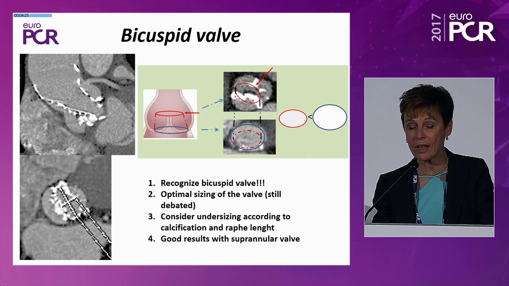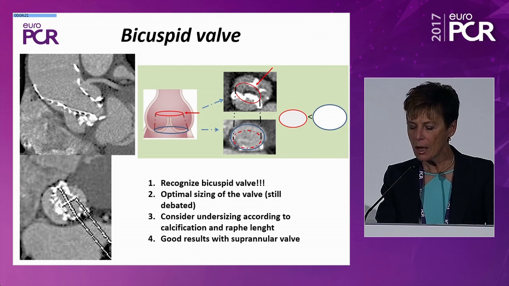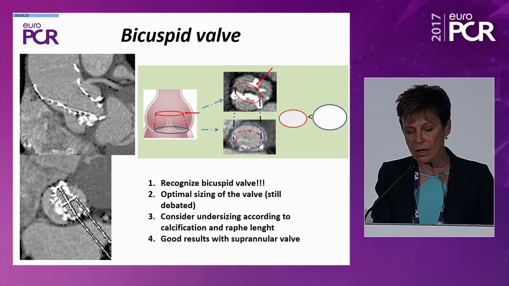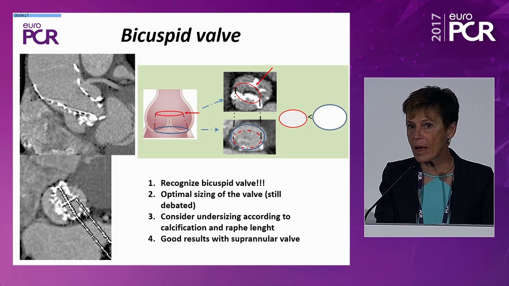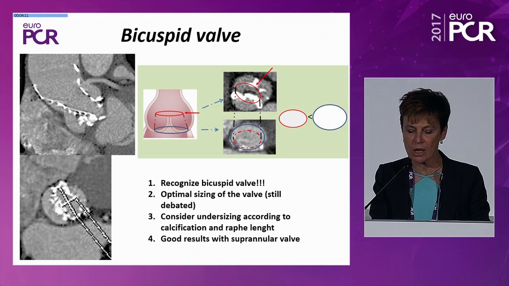So we have to pay very close attention, and the younger the patients we treat in the future, the more bicuspid valves we will probably see, and these need a little bit more study. We have to recognize bicuspid valves, as we have heard.